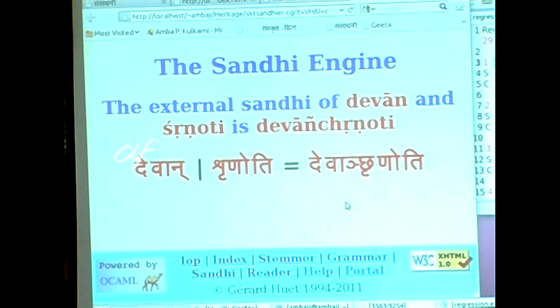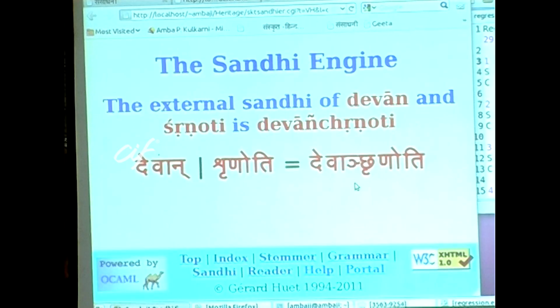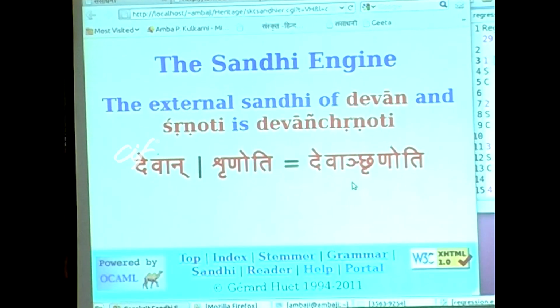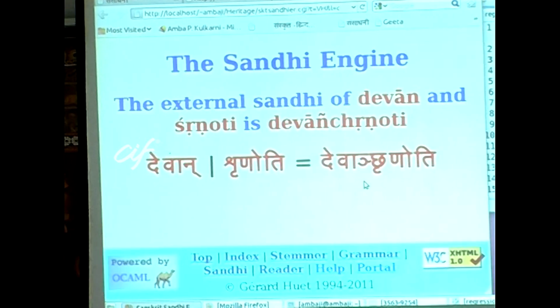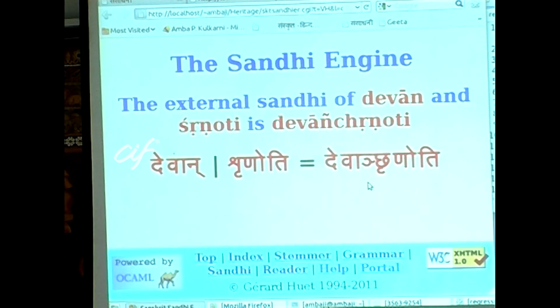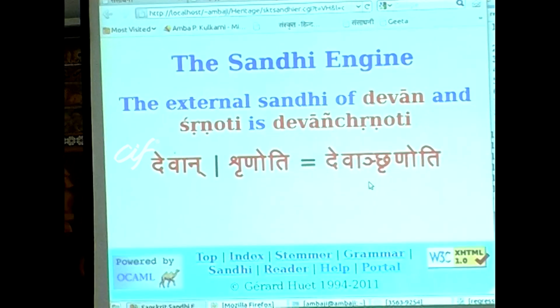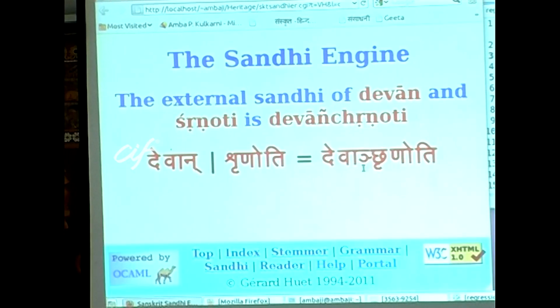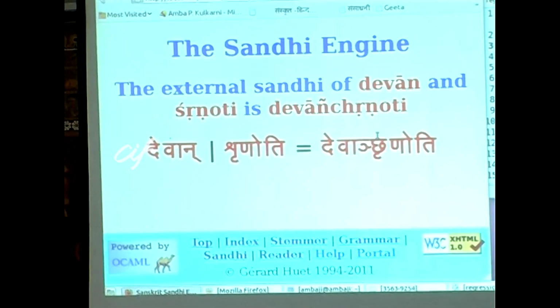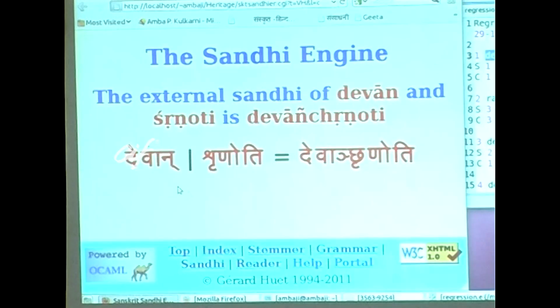Actually, this is the main difficulty for beginners who try to learn Sanskrit. First they have to learn Devanagari. And then even if they learn Devanagari, they have to learn that you can cut this ligature here in such a way that you get these two pieces.